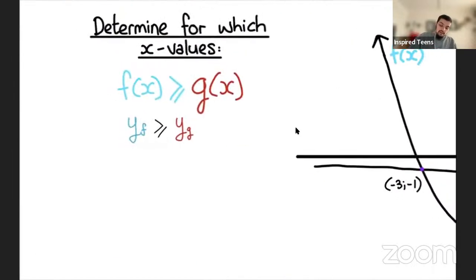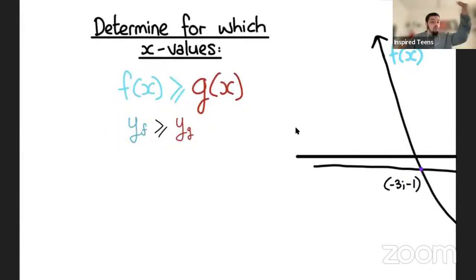So y of f being greater than y of g means that y of f is above y of g. That's how y coordinates work. So when they say f of x is greater than or equal to g of x, we're talking about the y values of f being greater than the y values of g, which means that f of x is above g of x.